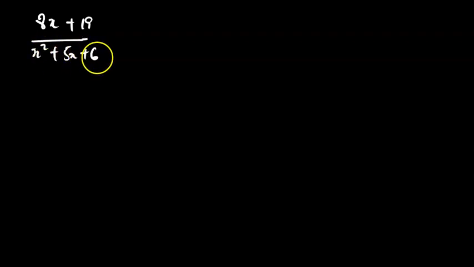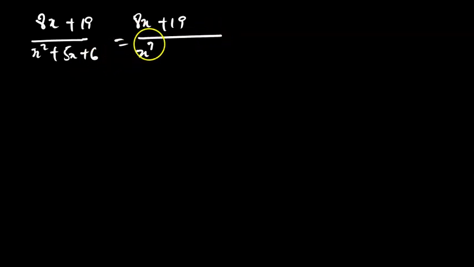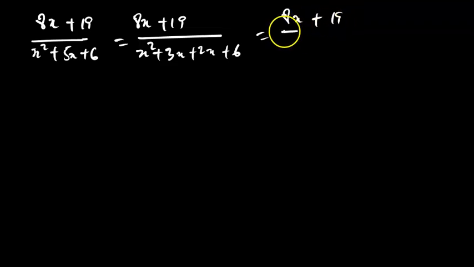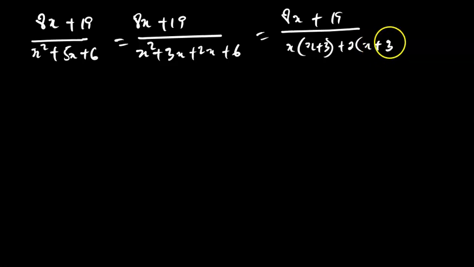Now let's do that. 8x plus 19 over x squared plus 5x plus 6 will be the same thing as 8x plus 19 over x squared plus 3x plus 2x plus 6, which is the same thing as 8x plus 19 over x into x plus 3, plus 2 into x plus 3.